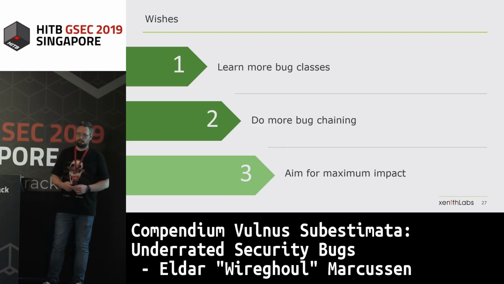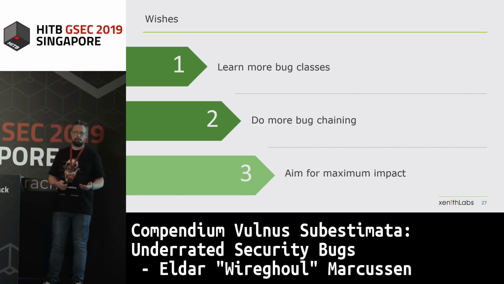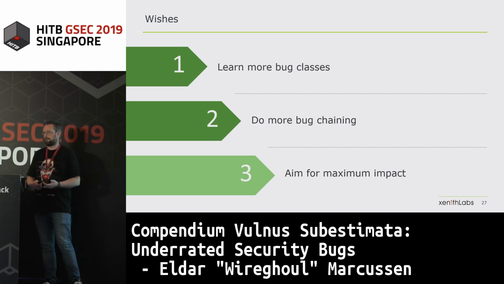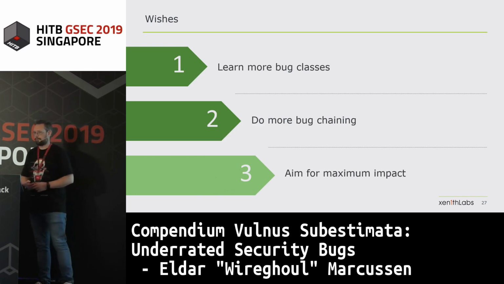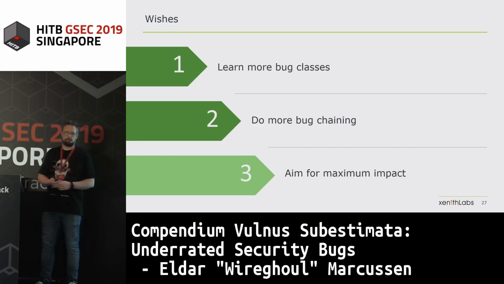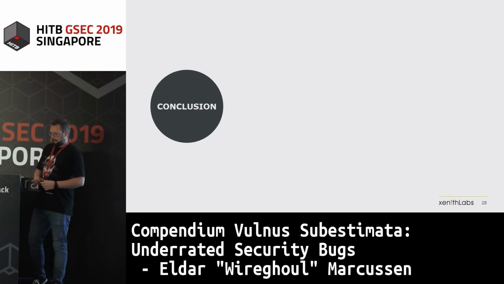So, for example, rather than getting code execution on the iLO interface, you can get administrative access, which gives you greater or easier exploitation of other services. Always aim for maximum impact, so you can really illustrate to the vendor and the users why they need to patch.